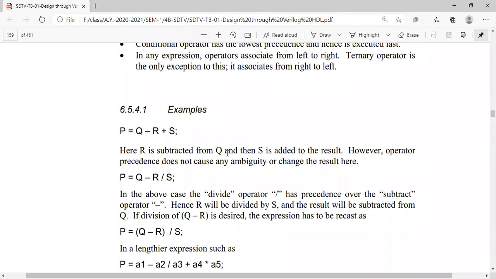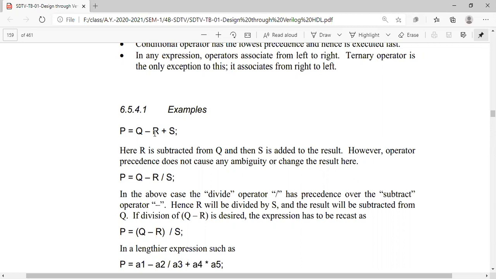Okay, to understand this we have some examples. See here, R is subtracted from Q and then S is added. Q minus R plus S means first you have to subtract R from Q, then you have to add S to the result. To show this, we can use brackets like this, in between here and here.